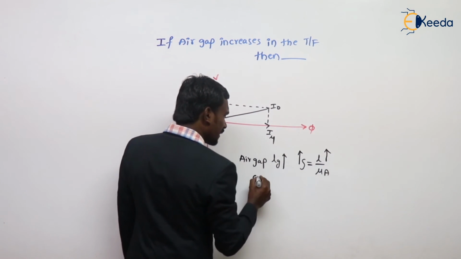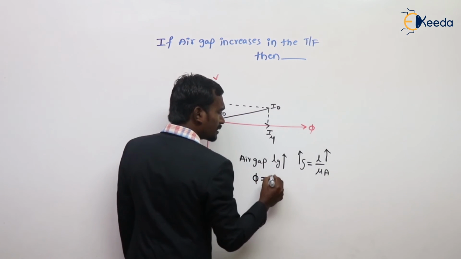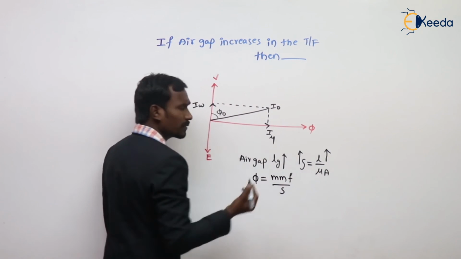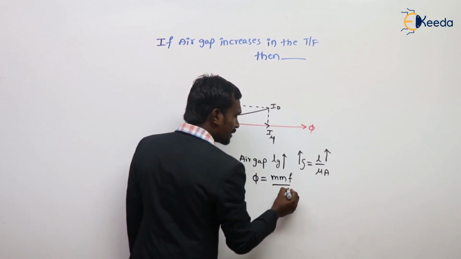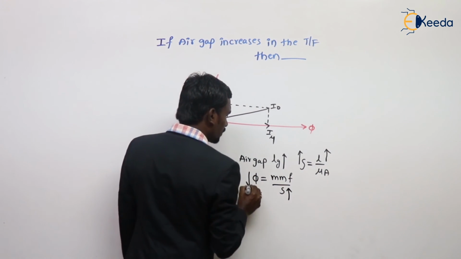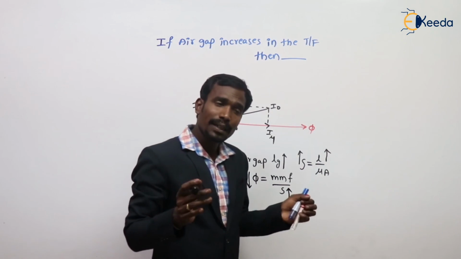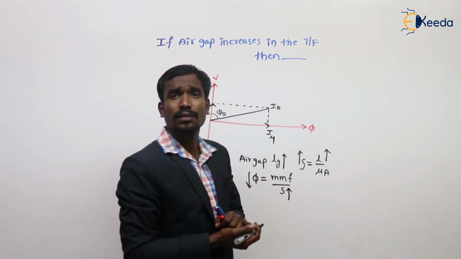If reluctance increases, what happened to flux? Flux phi is equal to MMF by S. If reluctance increases, then flux decreases. If air gap increases, flux decreases.